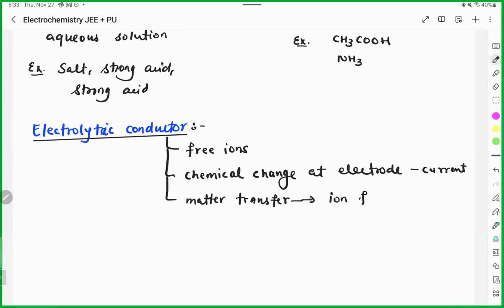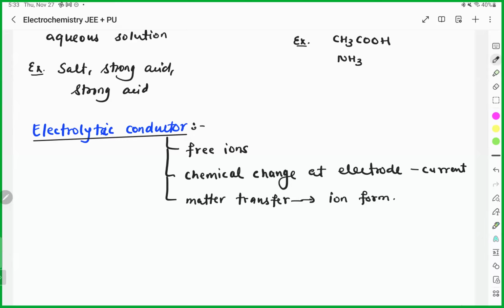Sir, ions form, aqueous. Okay, ions form. But in case of a metallic conductor there is no transfer of material as such. For example, when you pass current through gold, iron, silver, there is no transfer of material as such, correct?